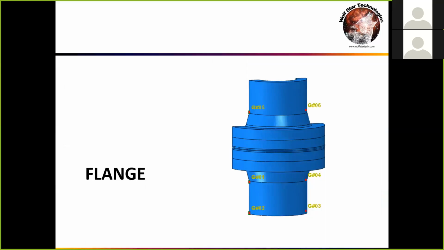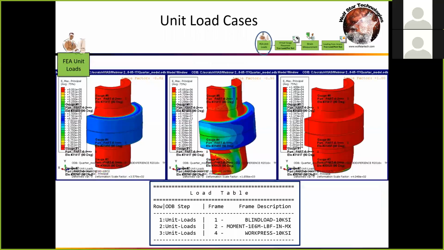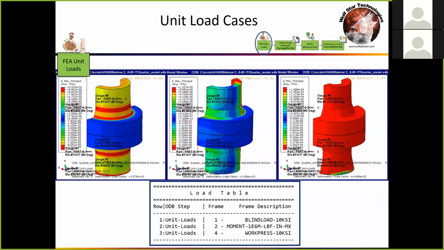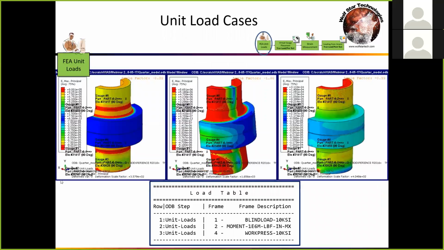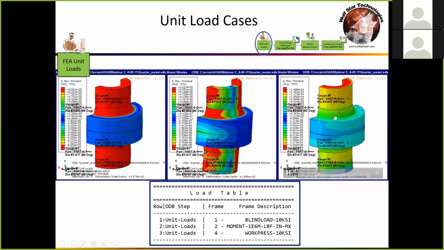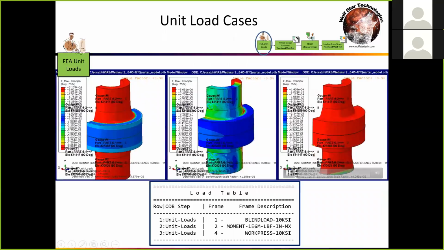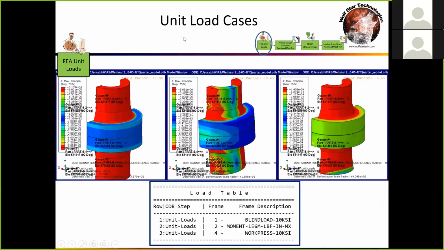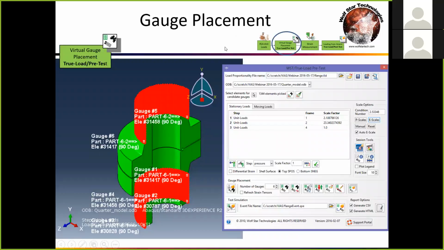I'm going to do the exact same thing. So now on this flange, we decided that there were 3 unit load cases. So we had a blind load, we had a moment, and we had a working internal pressure. So we had these 3 unit loads. We bring that all into the true load pretest environment. So we set candidate gauge locations, candidate elements.